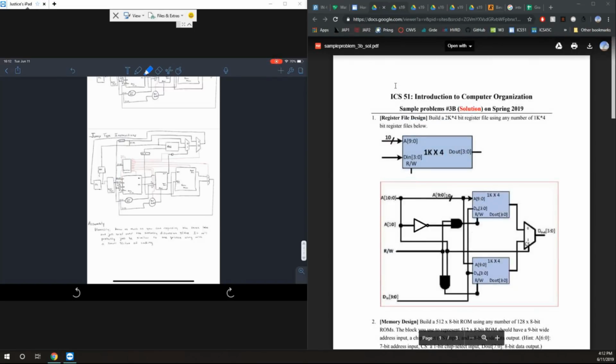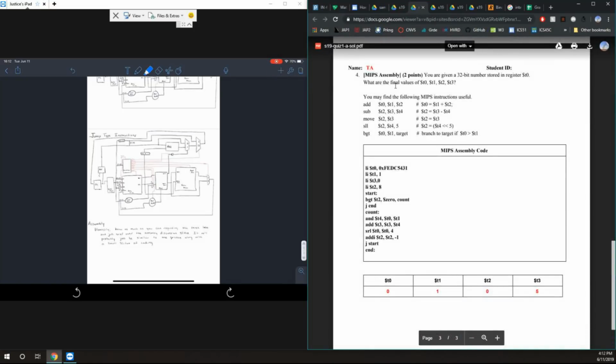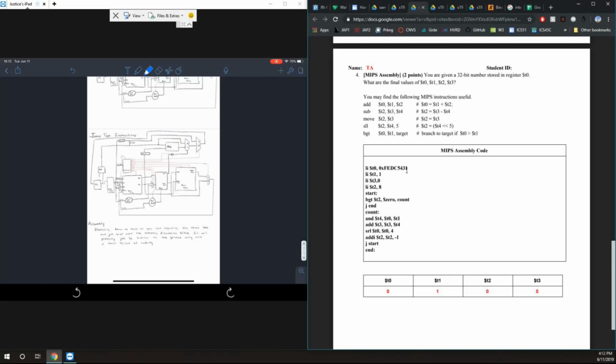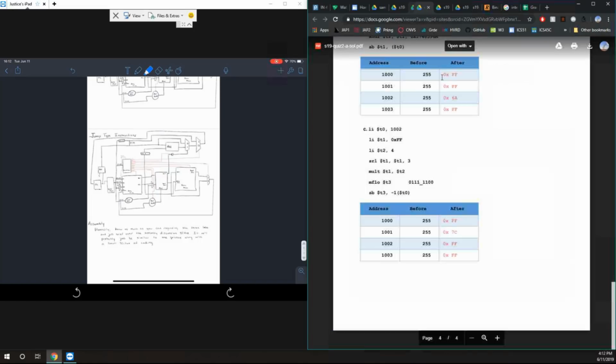Is everyone good on this one? I feel like this one's super easy. You just had to count, straight up just count. Are we good on this one, or do you want me to go through it? Okay, cool. We're gonna go on to quiz 2, because quiz 1 assembly was just follow the numbers. It wasn't that bad. Quiz 2 assembly.